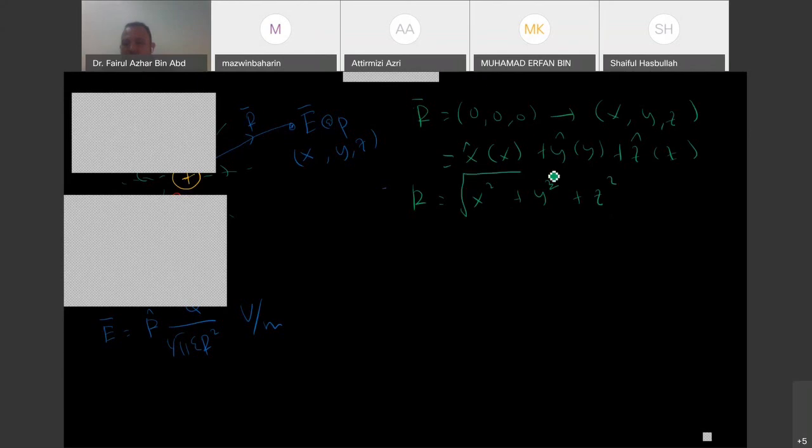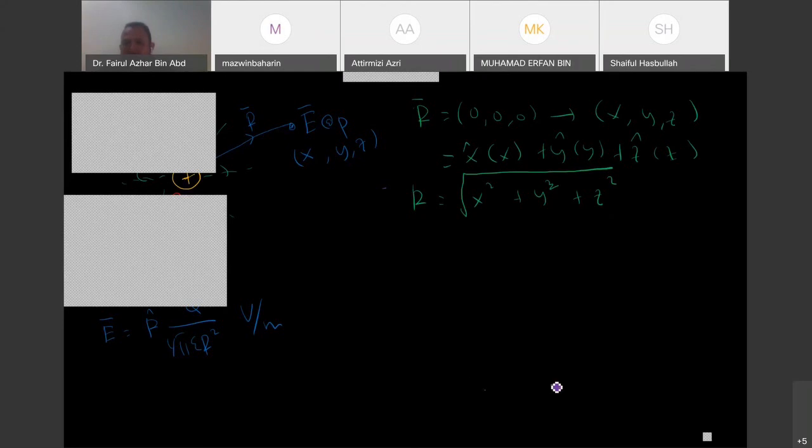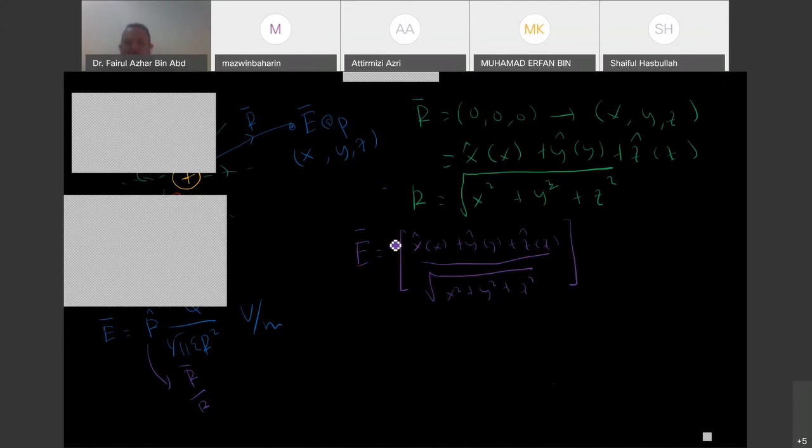Based on this expression, we will have the expression for E, where R cap is equal to the vector R divided by R. So we will have x cap x plus y cap y plus z cap z, divided by its amplitude, the square root of x squared plus y squared plus z squared, multiplied by q divided by 4 pi epsilon and by 1 divided by R squared, this being with the power of 2.